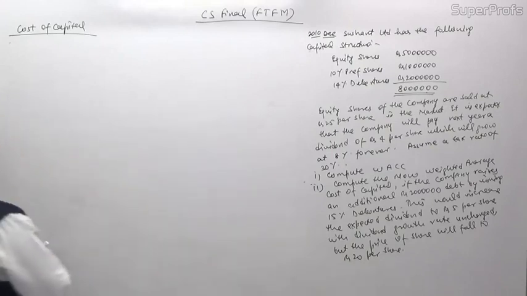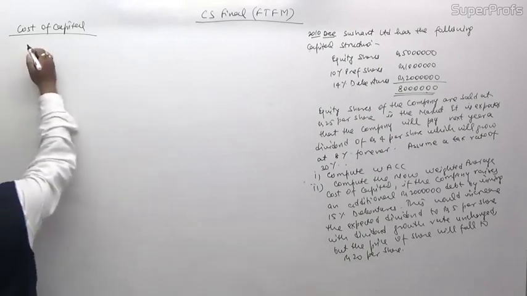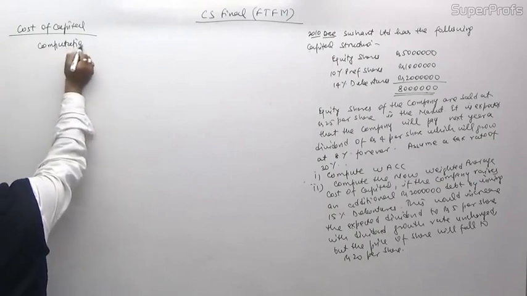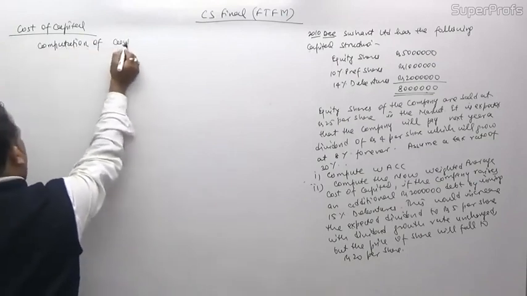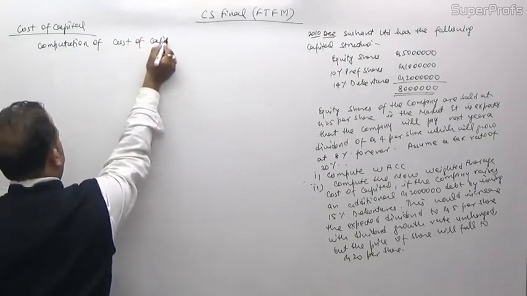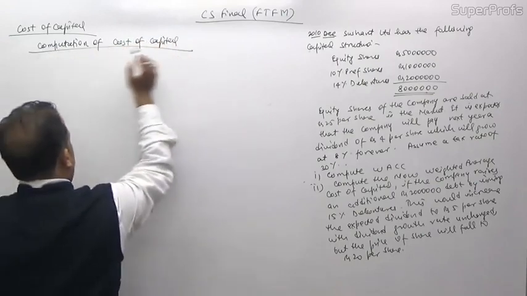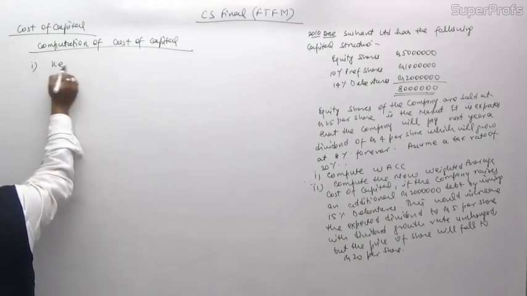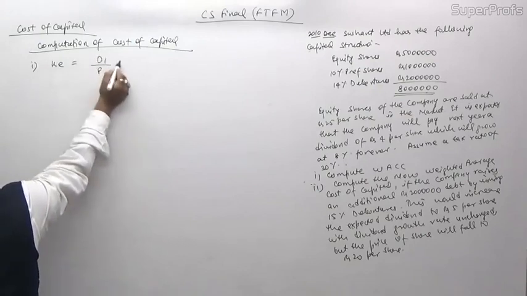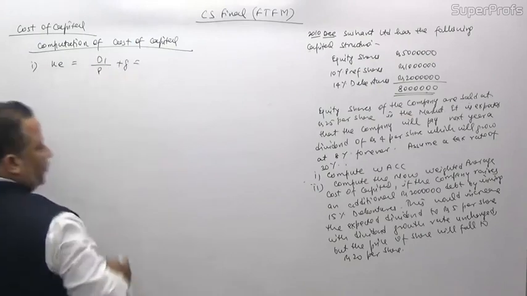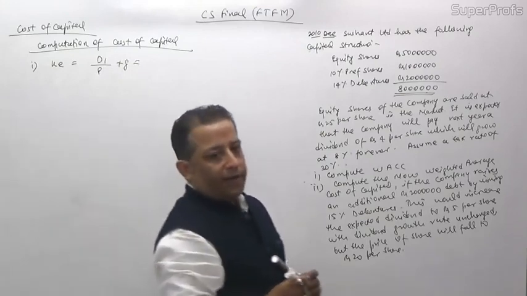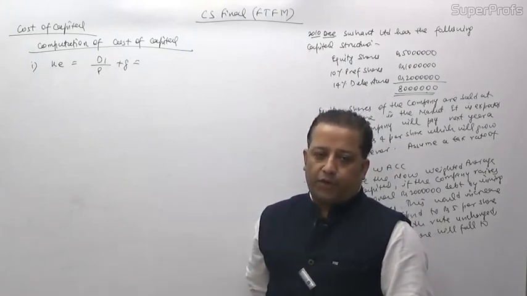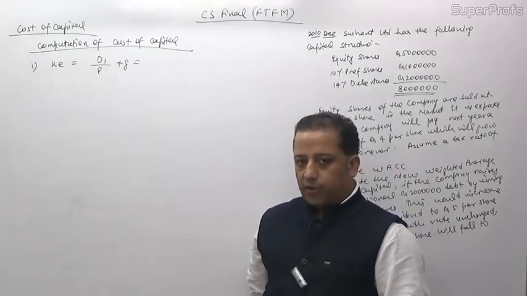So first of all, I need to calculate the weighted average cost of capital. For this purpose, I have to calculate the cost of capital of each component, starting with the cost of equity. The formula for the calculation of cost of equity is D1 divided by P plus G. D1 stands for the next expected dividend, which is already given in the question.